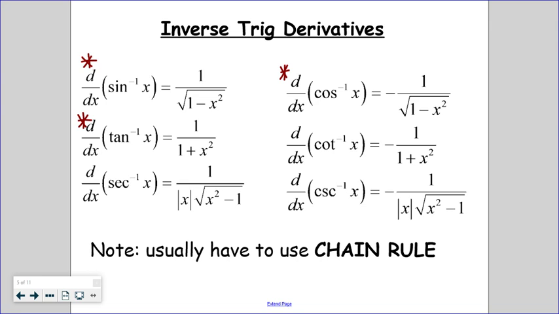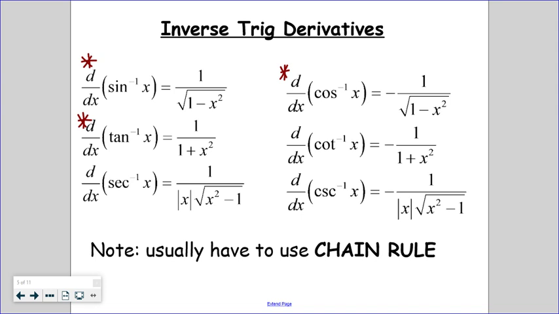If you look at the column on the right, it completely repeats the column on the left, except it's got a negative in front of each one. So if you can remember which one it's related to, we really only need to memorize 2 of them, because sine and cosine are the same setup. The only difference is cosine has a negative in front of it, and sine does not. So if you know the inverse sine derivative, you know the inverse cosine derivative.